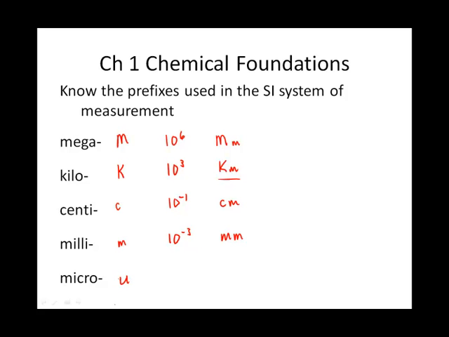Micro. You need this symbol, 10 to the negative 6, or 1 millionth. So when you see micrometer or microliter, you know you're talking about 1/1,000,000th of that SI unit.